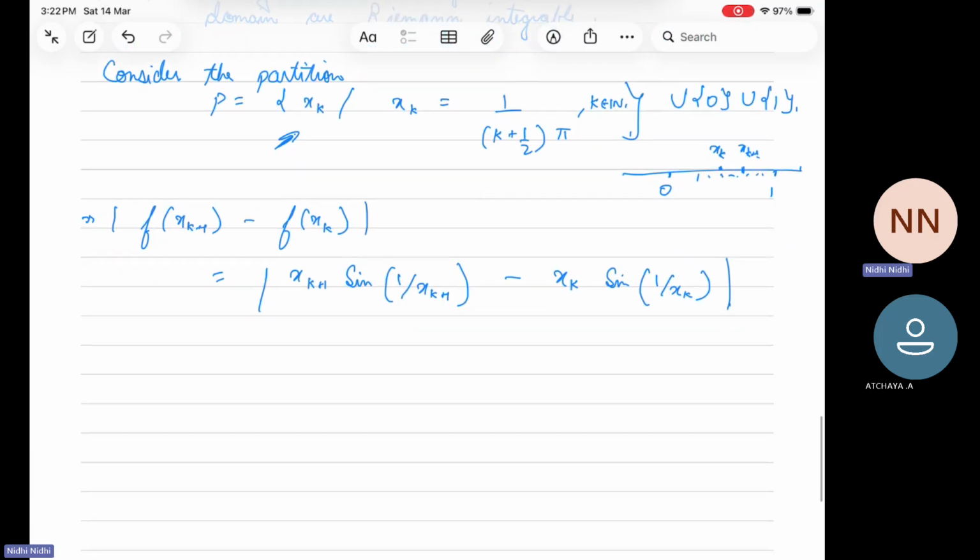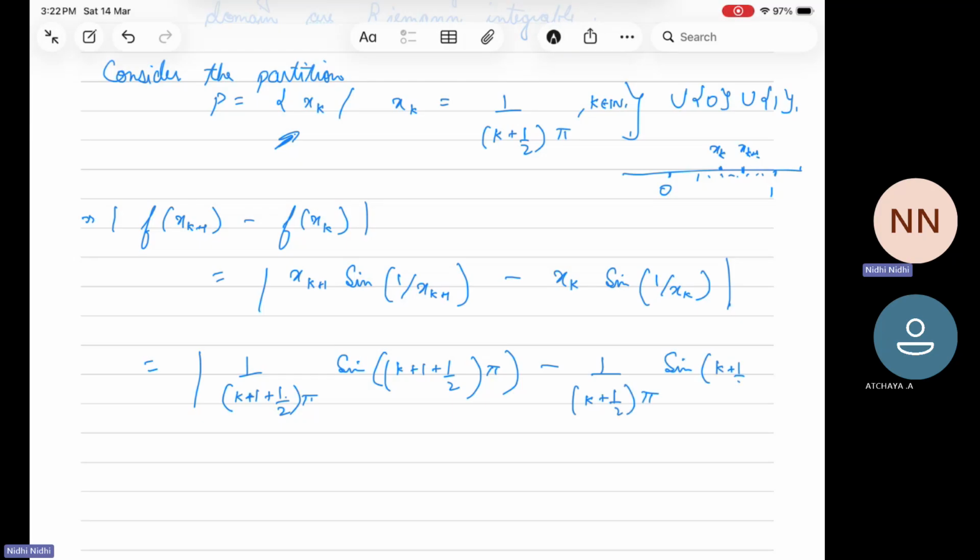And this is equal to 1 upon (k + 1 + 1/2)π times sin((k + 1 + 1/2)π) minus 1 upon (k + 1/2)π times sin((k + 1/2)π).